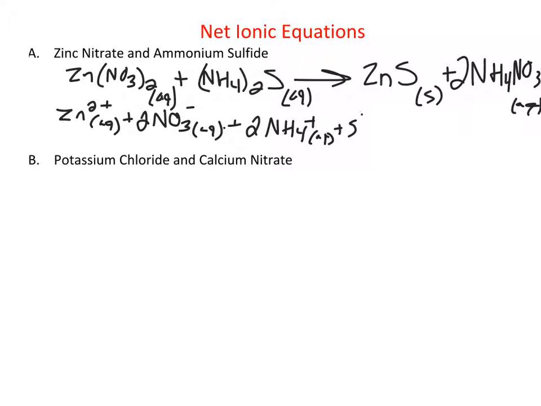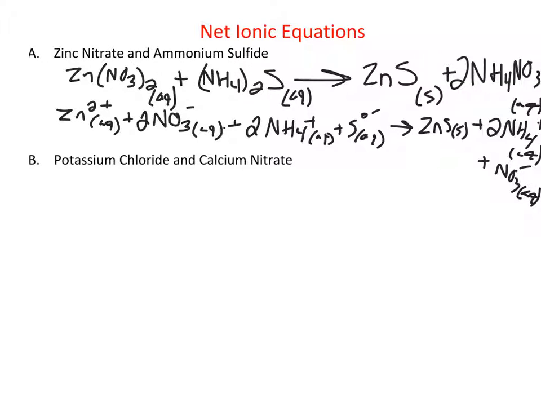I have a sulfide that's 2-, and that's aqueous. Yields zinc sulfide, which is a solid, so I don't break it up, just leave it. And now I break up the ammonium nitrate, so I get 2 NH4+, they're aqueous, and I get 2 nitrates, which I'm going down the side here, but that's okay.